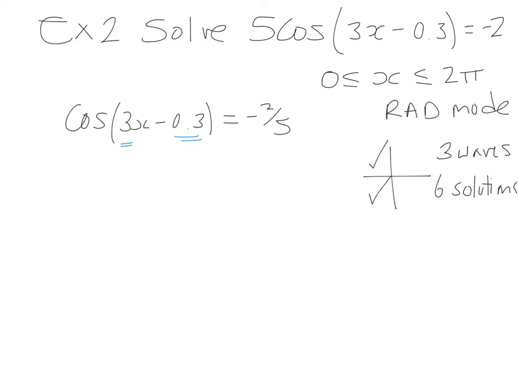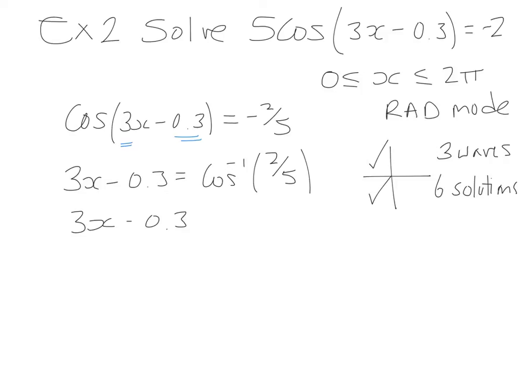So we'll take the inverse cos, meaning 3x minus 0.3 is equal to cos to the minus 1. Ignore the negative sign, so it's 2 over 5. So we get 3x minus 0.3 equal to 1.15. That's not an exact value, so we have decimal radians. And that is the value in the first quadrant, remember, and we're not interested in that as a final answer, so we need to find our second and third quadrants.